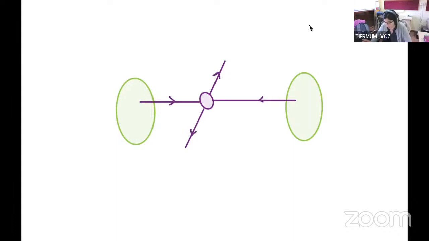But this is not the end of the story. What you also have is some radiation that happens from all of these legs that you need to deal with. And then we also know that you don't see any quarks or gluons freely in nature.